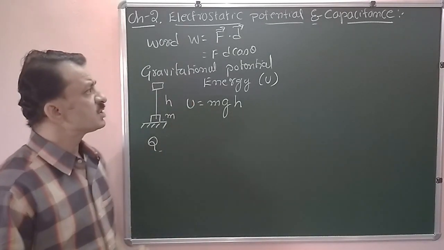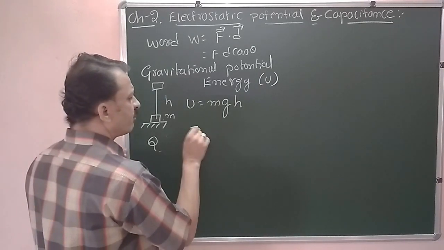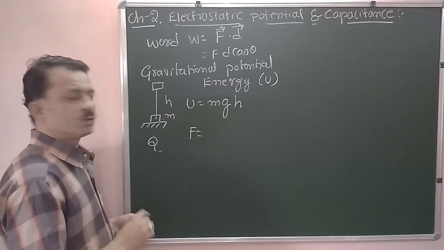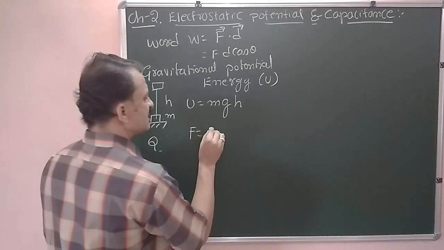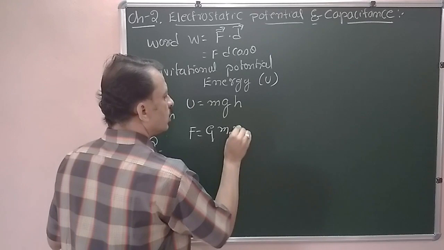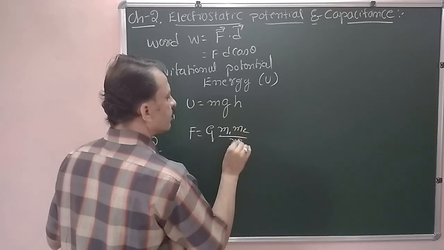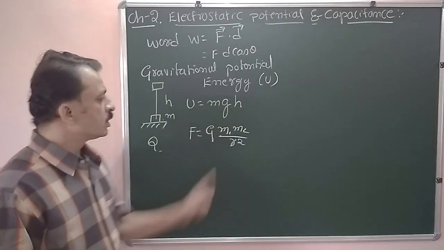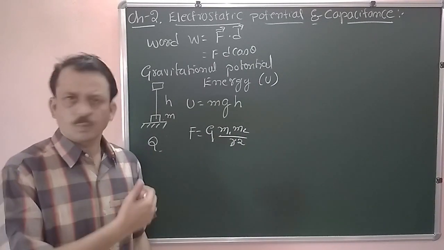Now in the case of gravitational force, the force between two point masses is given by capital G m1 m2 divided by r square. m1, m2 are the two point masses.